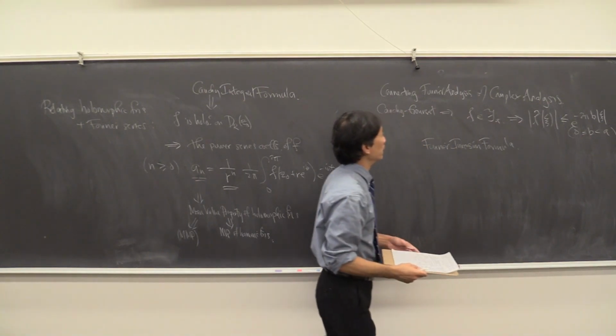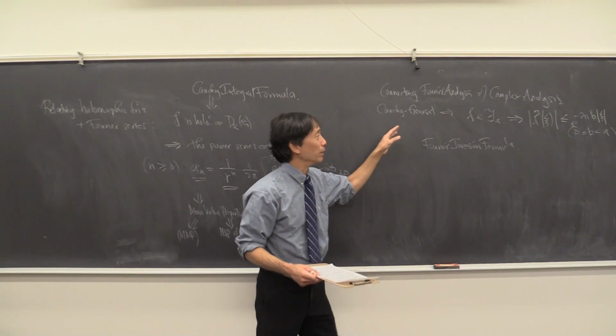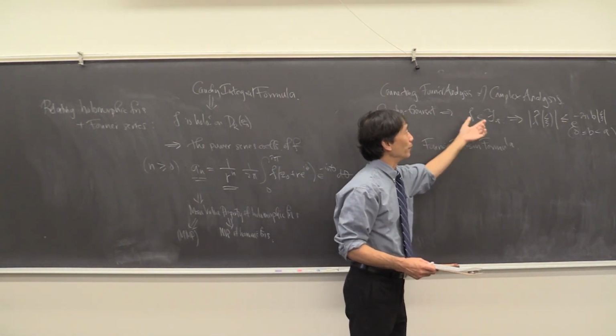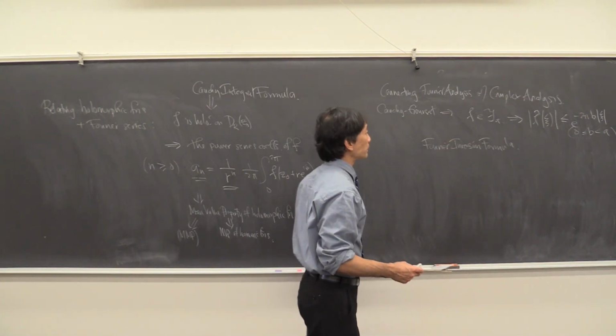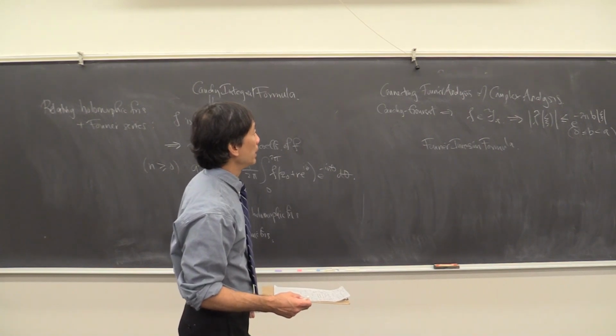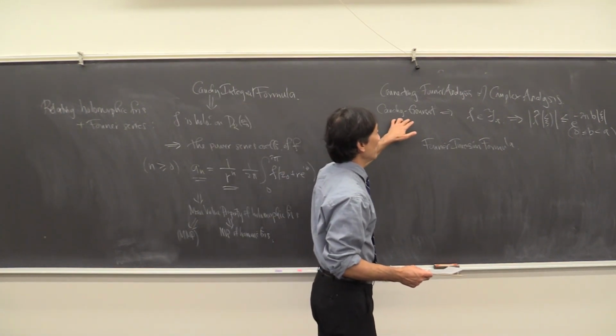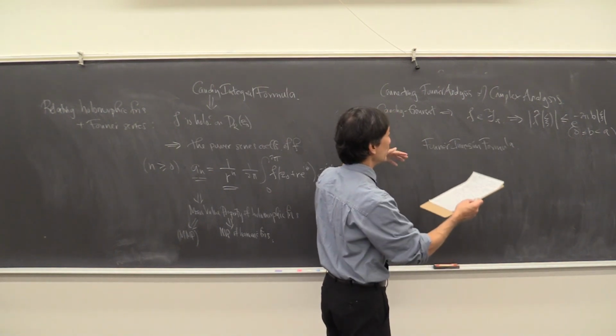Right. So this whole chapter is to talk about the relationship between holomorphicity and the Fourier transform. So this was sort of the first step along the way, and then we jump away from that.